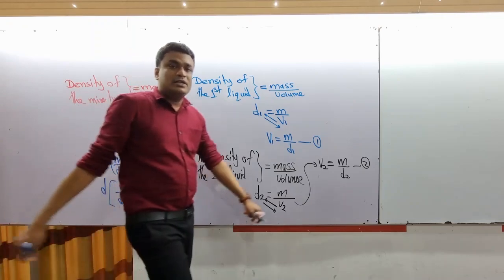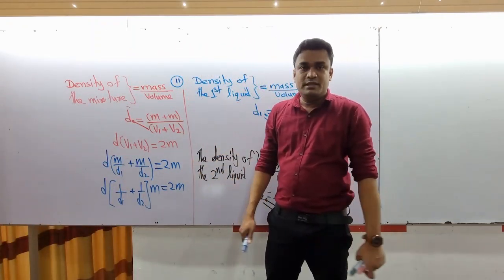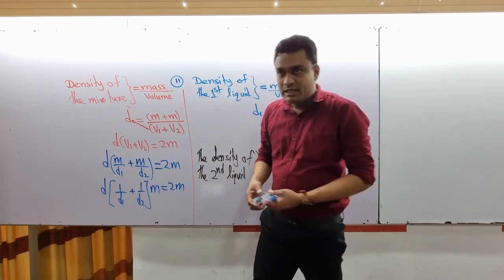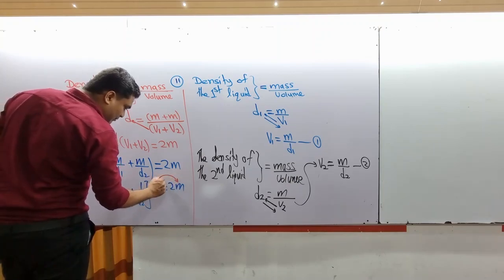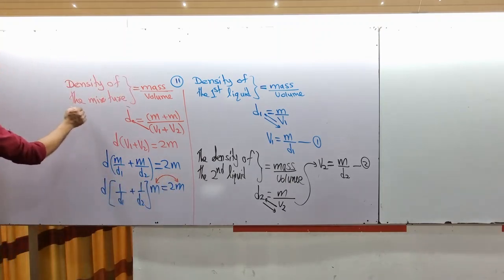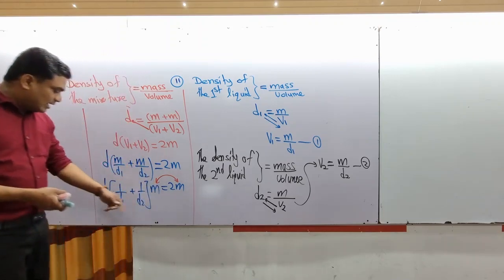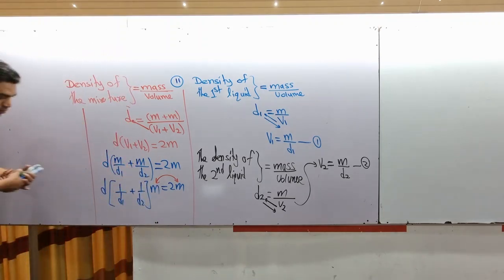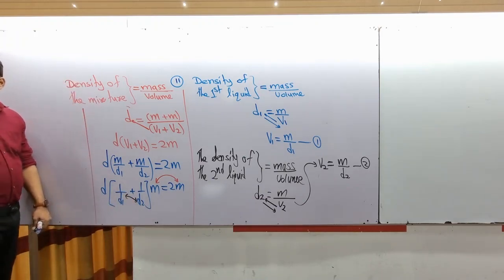Now what will happen to the term simple M dear? Simple M cancelled out. The M at this side, the M at the other side will be cancelled out. After that, we will take a common denominator for the D1 and D2 terms. When we take a common denominator, we should take the product of the two denominators.